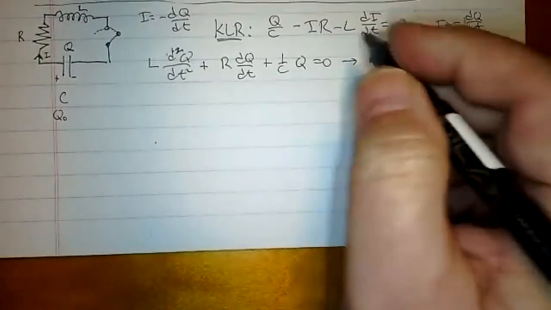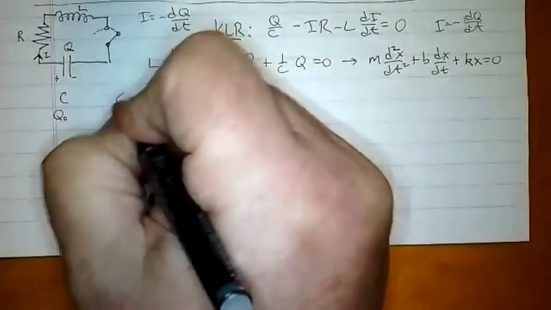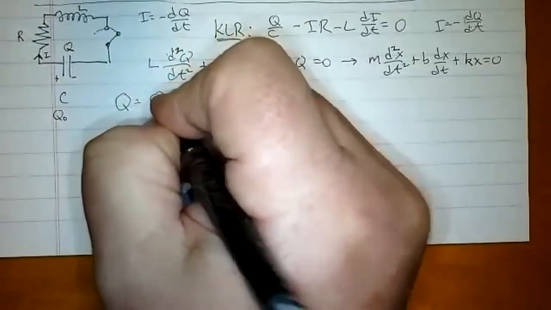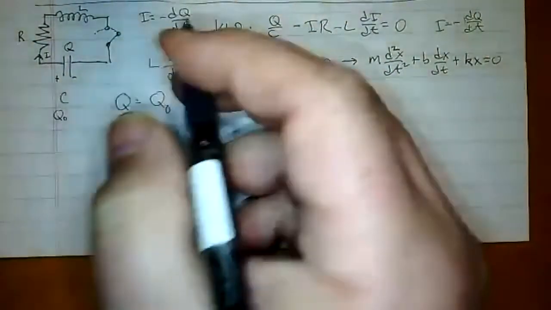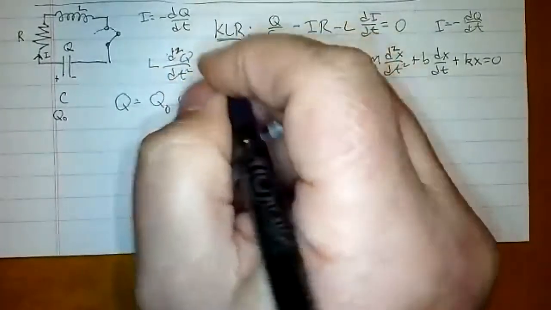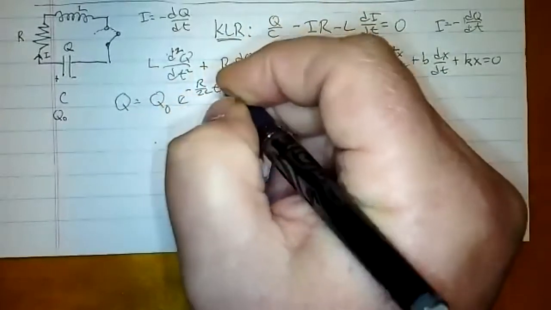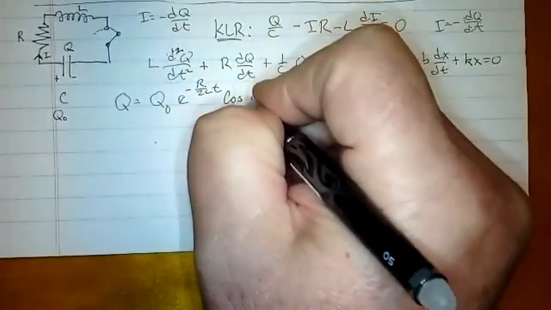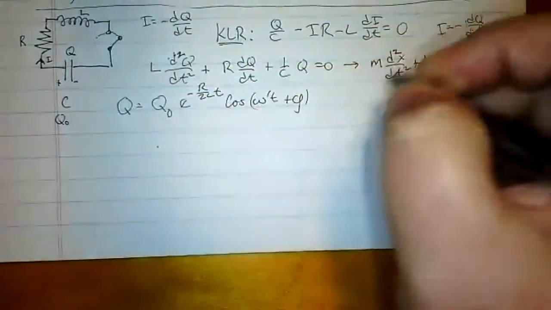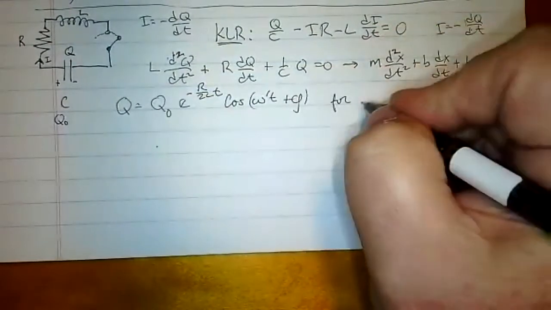m takes the role of L. So what we get ultimately is a solution q is equal to q0, and this is a very special case I'll mention in a second, q0 e to the negative R over 2L t times cosine omega prime t plus phi, for specifically the underdamped case.